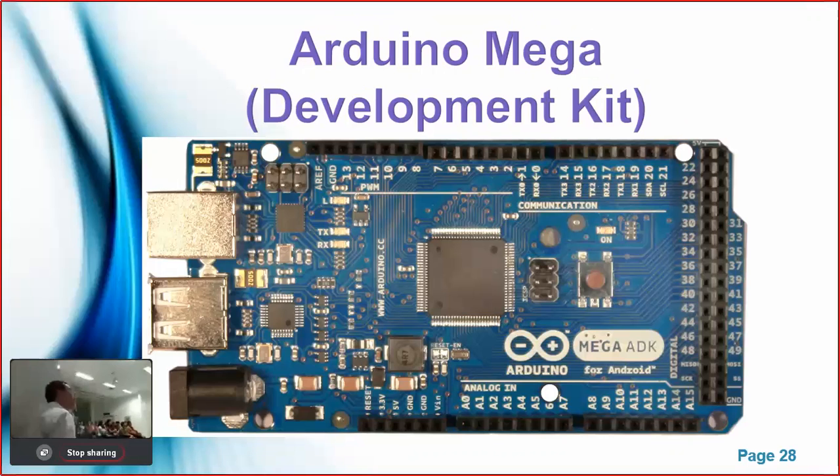We also have Arduino Mega, which is also a development kit, but with more input and output, and more digital and analog pins. It is also faster than the Arduino Uno.